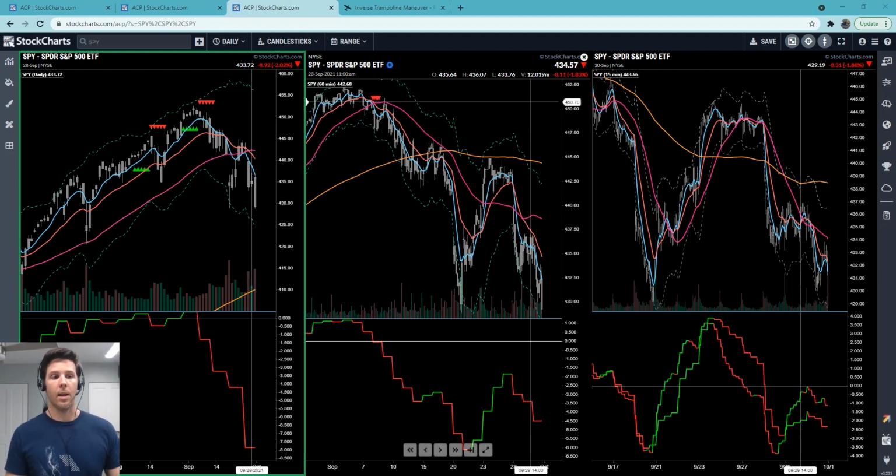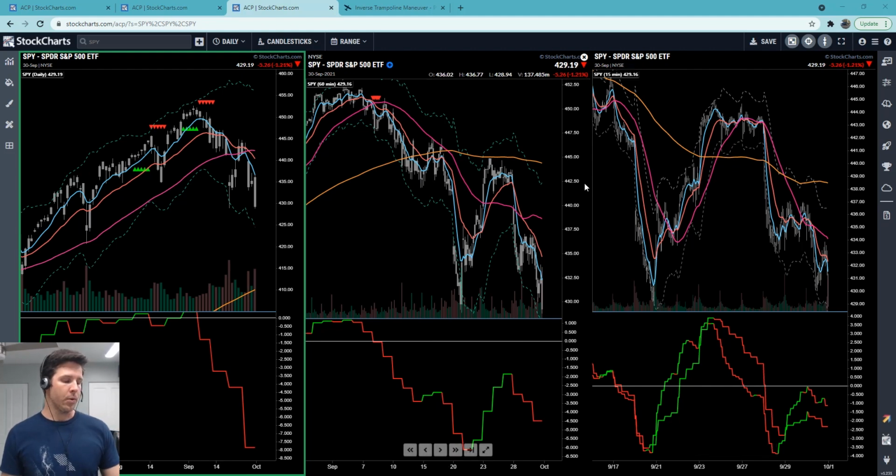Stay safe. Also it was end of the quarter, so there's a lot of selling going into that. The other thing I want to show you guys, going into yesterday and the day before, is when we were looking at the S&P at this previous low area, it's a double bottom. We actually have another double bottom down here. So you have to figure out what area is going to be holding.